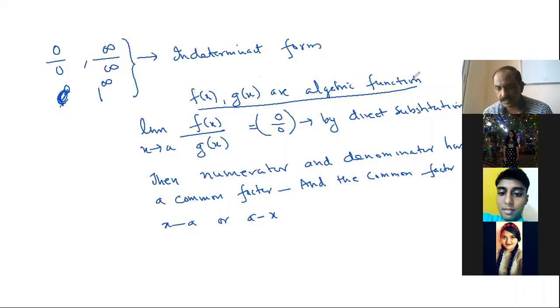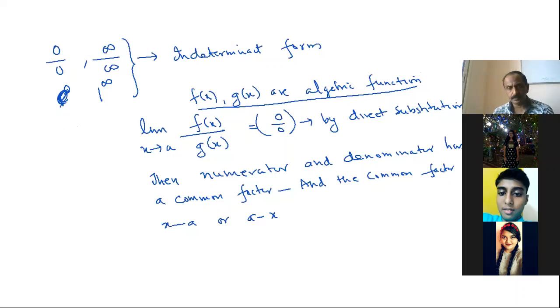If sin x, cos x, tan x are present, we call it trigonometric function. If log is present, we call it logarithmic function. If terms like 2 raised to x, 5 raised to x, with power x are there, we call them exponential functions. Heard it properly? Yes, sir.